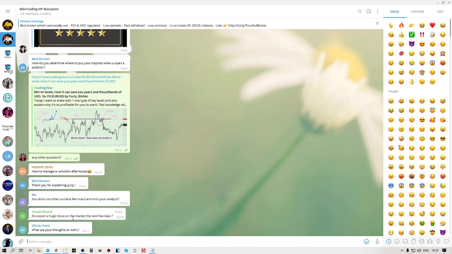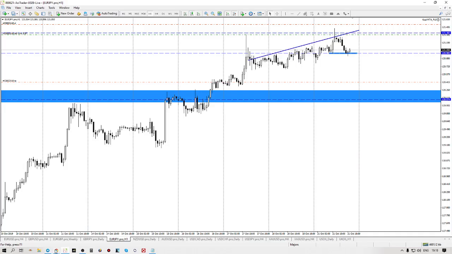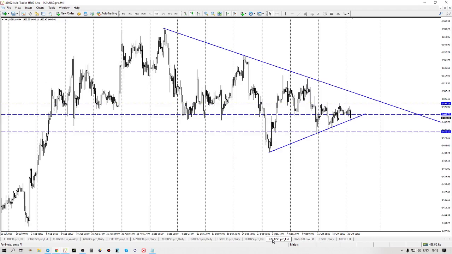Do you expect a huge move on the market in the next few days? It's hard to predict when we will have huge moves. For example, here in gold, I had a prediction: when price was here, I thought price would continue to drop, but price is in a range at this moment.